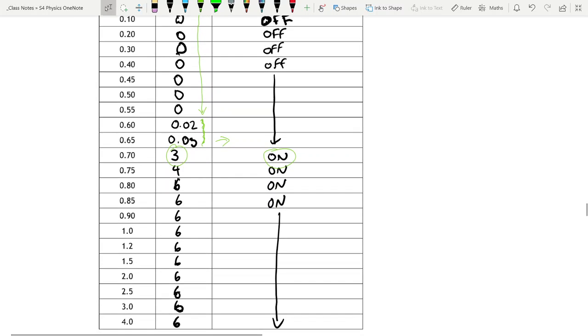And then it very quickly gets up to that total voltage of 6 volts, and it stays there and the LED stays on. So anything above 0.7 volts for this transistor, and each transistor is slightly different, but for this one, anything above that 0.7 volts means the transistor is on, and whatever is connected to it, so in this case an LED, is also on.